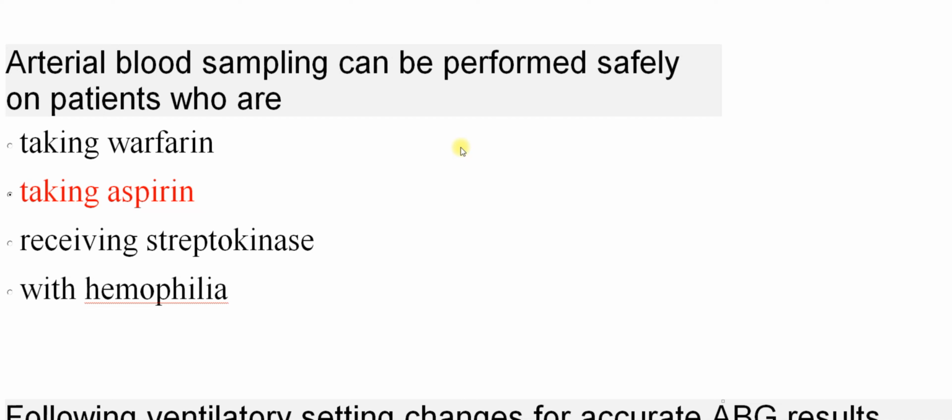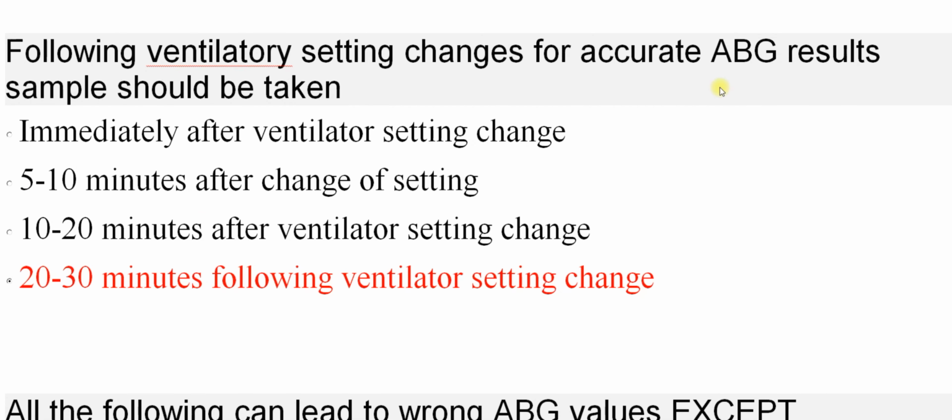Arterial blood sampling can be performed safely on patients who are taking aspirin. For accurate ABG result, the sample should be taken, answer is 20 to 30 minutes following ventilator setting change.